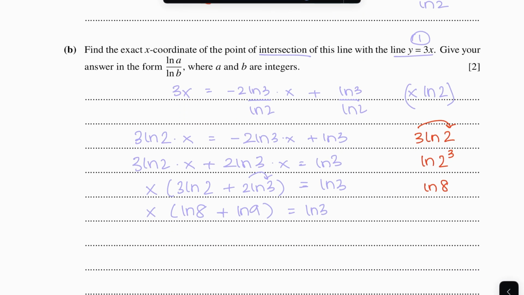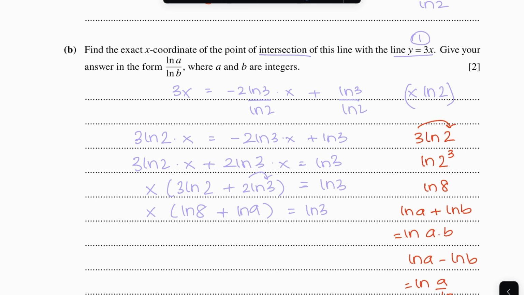Now, I have ln 8 plus ln 9. Another law of logarithm I should know is that if I have ln A plus ln B, I can multiply A times B. And on the other hand, if I have ln A minus ln B, I can do ln A over B. These are laws of logarithm you should also know while doing A-level math.